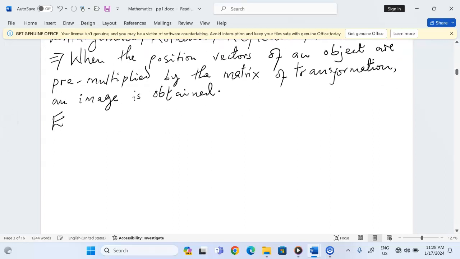So if we write example, then I talk about a triangle PQR.